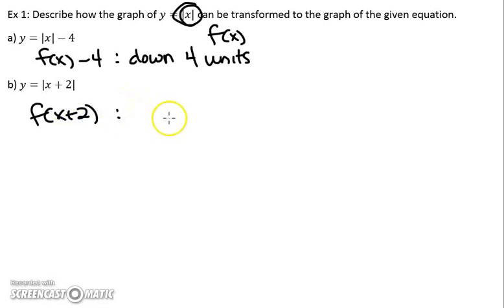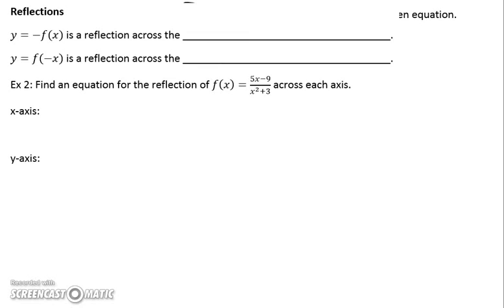So this is going to go left 2 units. Again, inside the parentheses, or in this case, inside the absolute value, is going to be right or left, and since it's plus, it's going to be the opposite, so we're going to go to the left. So those are translations up, down, left, right.